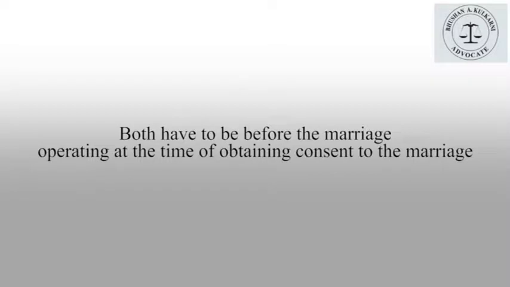Both force and fraud have to be before the marriage, operating at the time of obtaining consent to the marriage. Basically here, either it be force or it be fraud, both of them should be operational at the time of marriage itself.